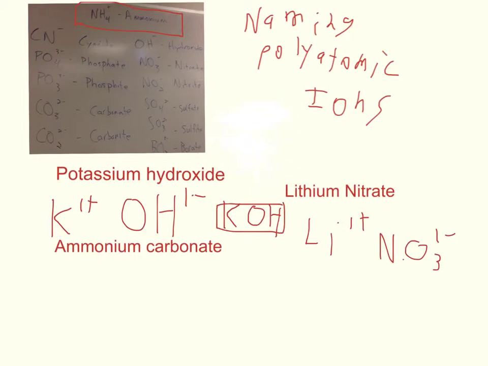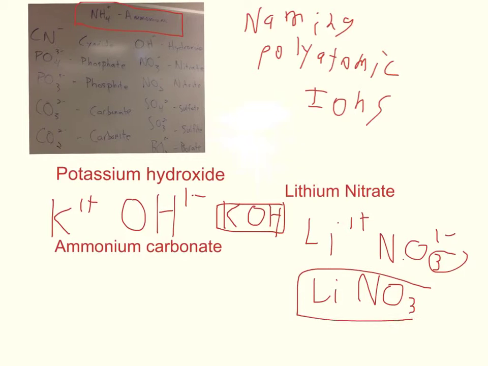It's kind of the same thing again. So LiNO3. Now, the 3 stays there this time because the 3 is down here in the corner. If it's down there in the corner in the beginning, that's how many atoms of oxygen there are, so that's going to stay there no matter what.